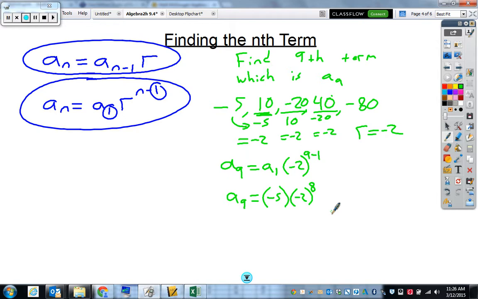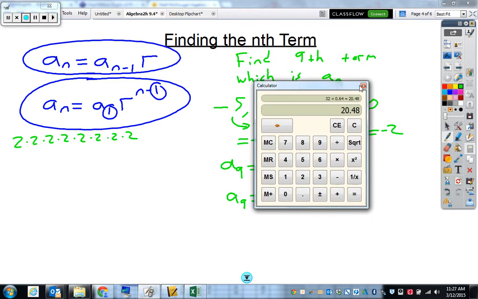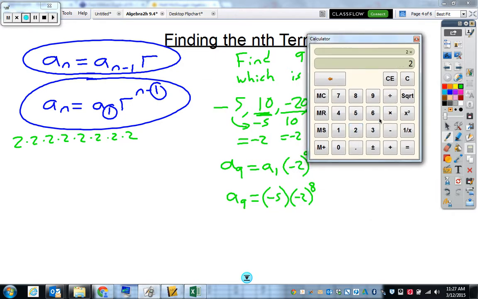Well, 8 is an even number, so I know negative 2 is going to come out positive. I can multiply 2 times itself 8 times, or use my calculator.